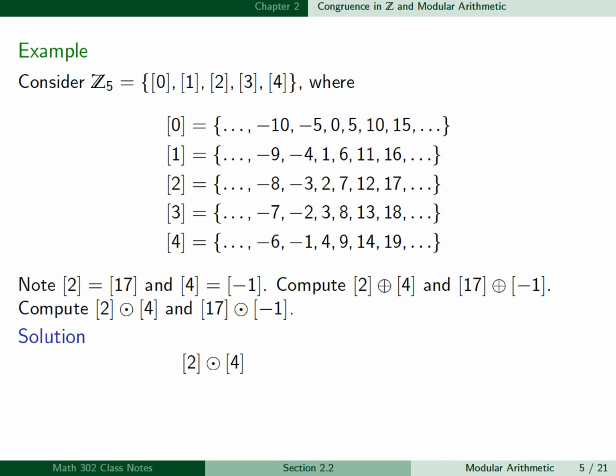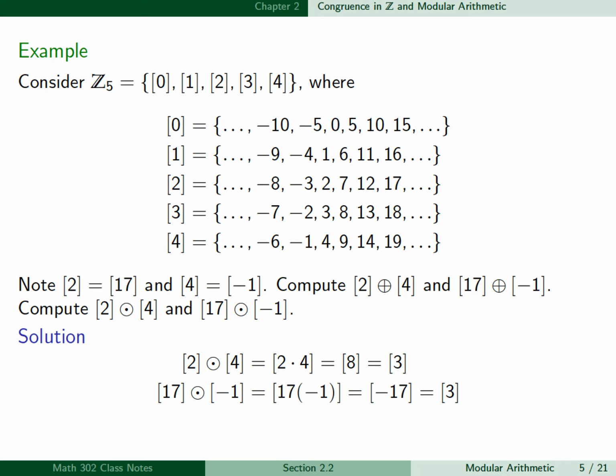Well, for the product, we have the class of 2 times the class of 4, which is equal to the class of 2 times 4, which is equal to the class of 8, which is equal to the class of 3. Then the class of 17 times the class of -1 will be equal to the class of 17 times -1, which is the class of -17, which will be equal to the class of 3 as well.